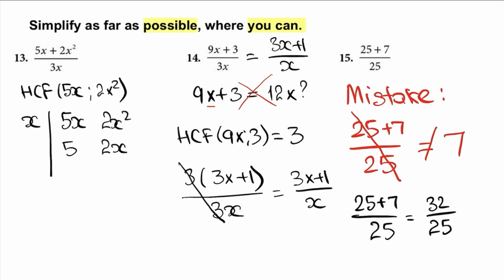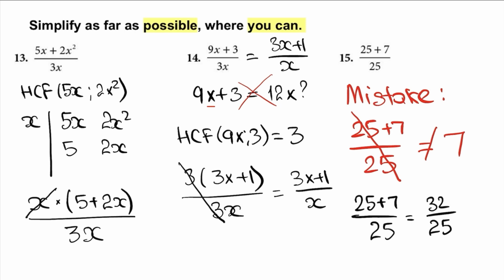So 5x plus 2x squared can be written as x times, in the bracket, 5 plus 2x, over 3x. Now we can simplify them. Then we get 5 plus 2x over 3 as the answer of question number 13.